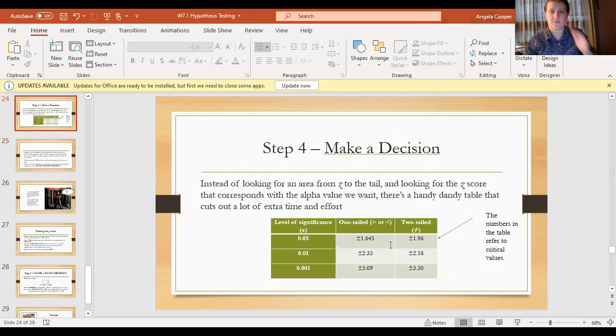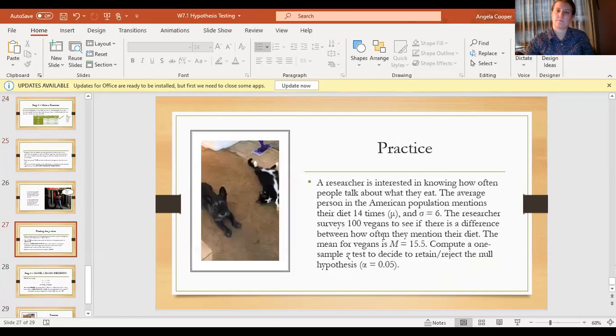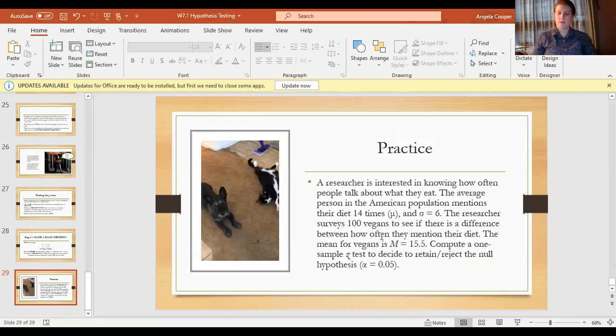We have a significance of 0.05. The critical values are plus and minus 1.96. Okay. So I've just written that right there.